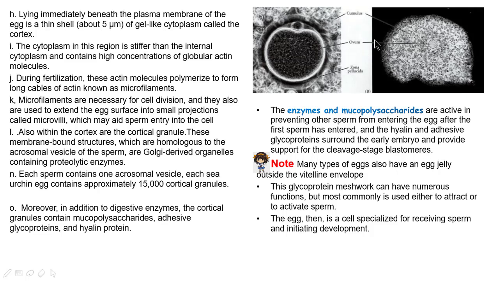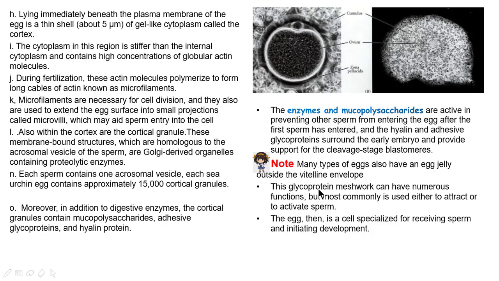You can see there is a cumulus, the ovum is present, and the zona pellucida. Okay, this is the diagram. Note, many types of egg also have an egg jelly outside the vitelline envelope. Egg jelly is mainly present in amphibians. You can see it when you look at the egg.